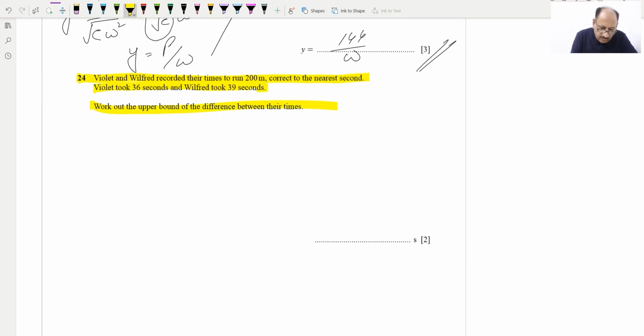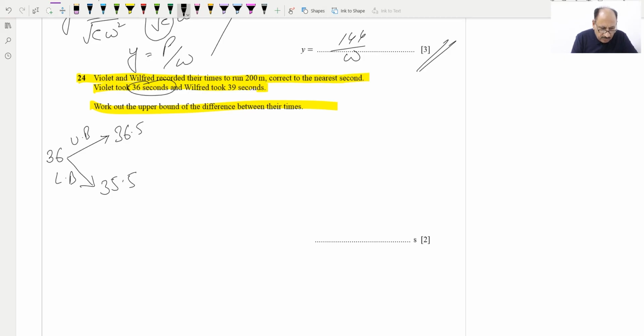Work out the upper bound of the difference between their times. For 36 seconds we write the upper bound and the lower bound. The upper bound will be 36.5 and the lower bound will be 35.5.